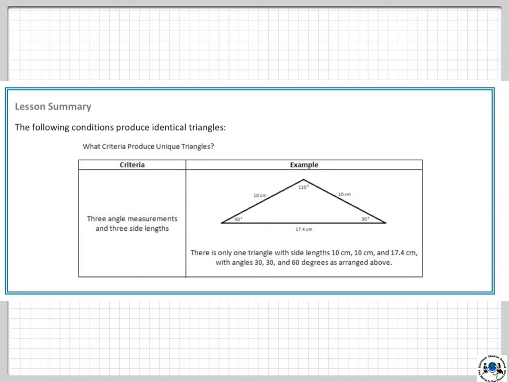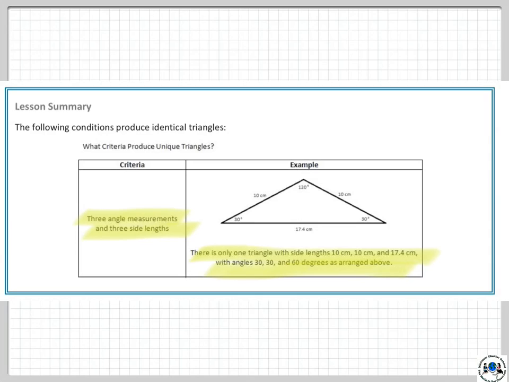Okay, lesson summary. The following conditions produce identical triangles: three angle measurements and three side lengths. You need those. There is only one triangle with the side lengths 10 centimeters, 10 centimeters, and 17.4 centimeters with angles 30, 30, and 60 degrees as arranged above.